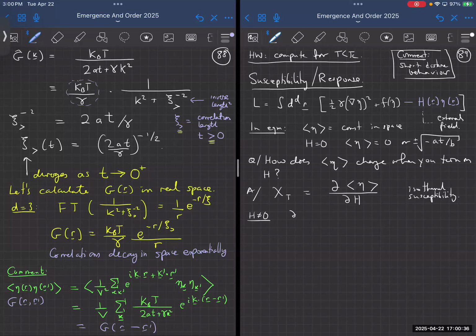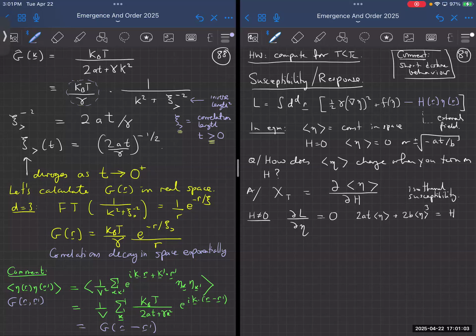When I compute dL by d eta and set that equal to 0, I'm going to get a different equation than before: 2AT eta plus 2B eta cubed is equal to H.